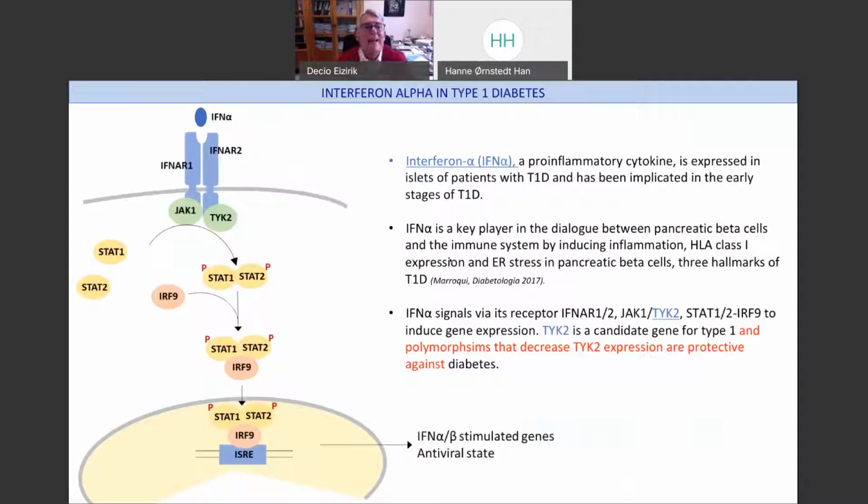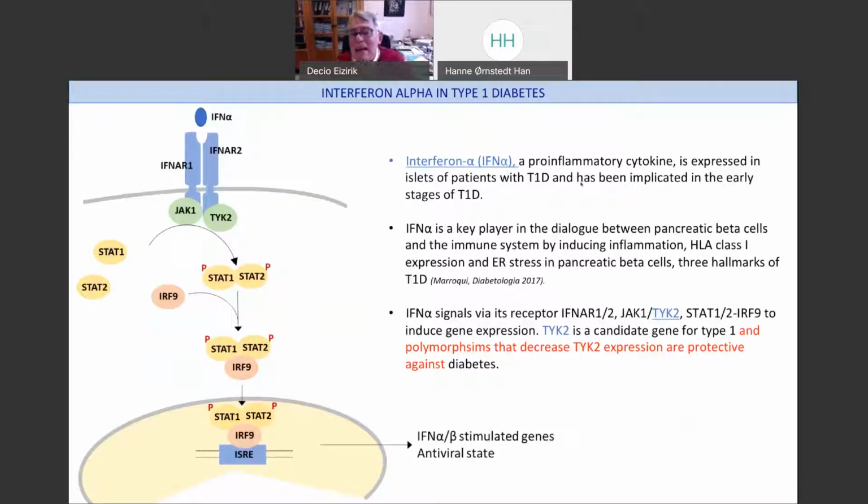And indeed, type 1 interferon is a key cytokine in the early stages of type 1, and is the cytokine that is most consistently found when you do histology of the islets of patients with type 1.